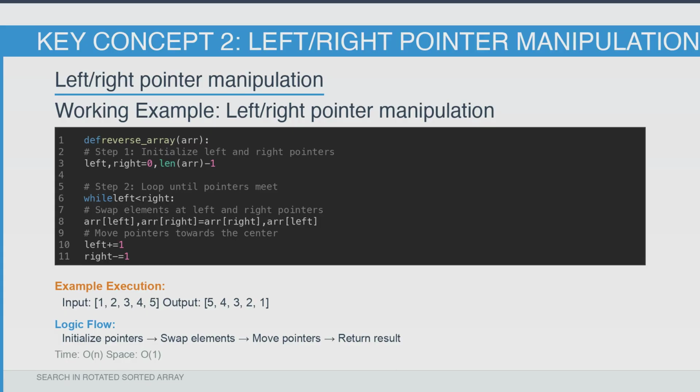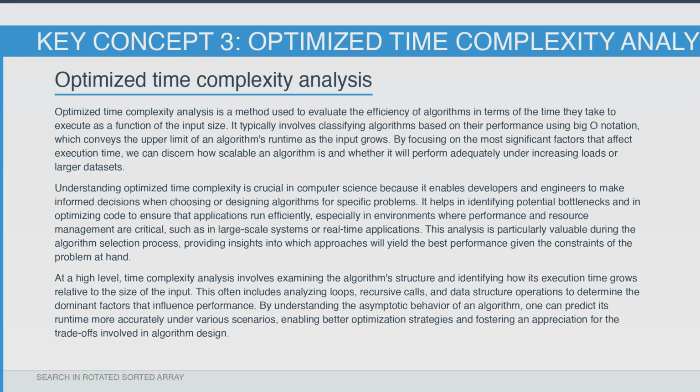Optimized time complexity analysis evaluates how efficient algorithms are by examining the time they take to run as the input size increases. We use big O notation to express this, which represents the upper limit of an algorithm's runtime. For example, if an algorithm runs in O(n) time, it means that as the input grows, the execution time grows linearly.